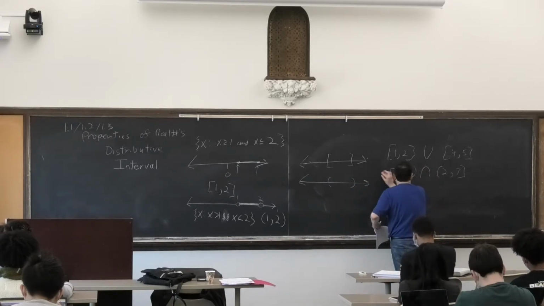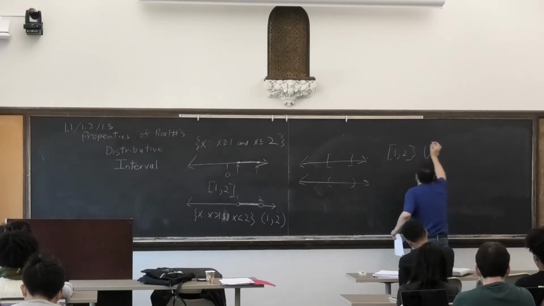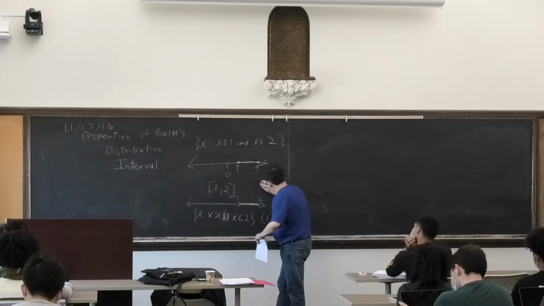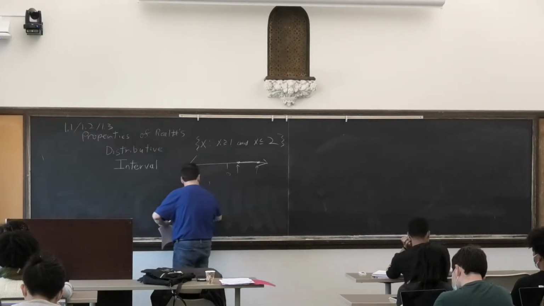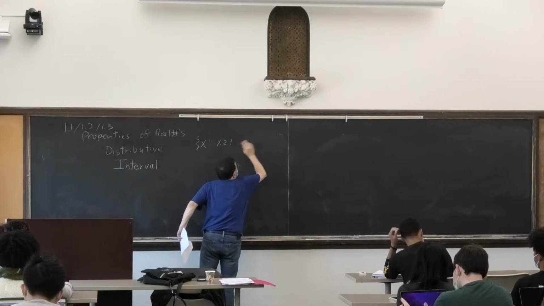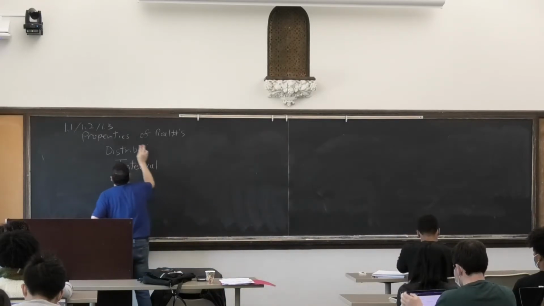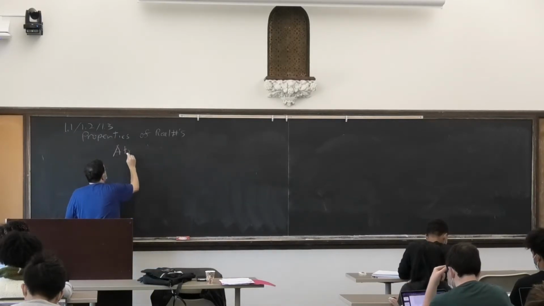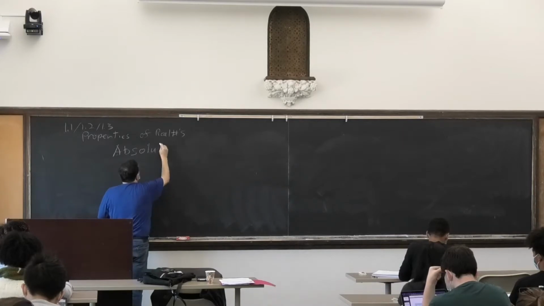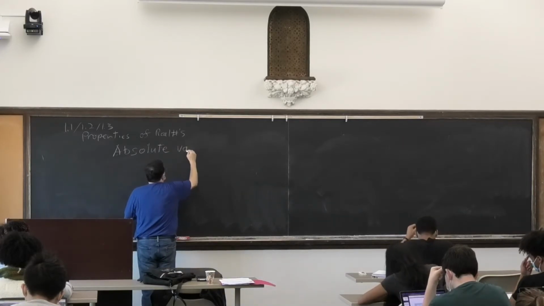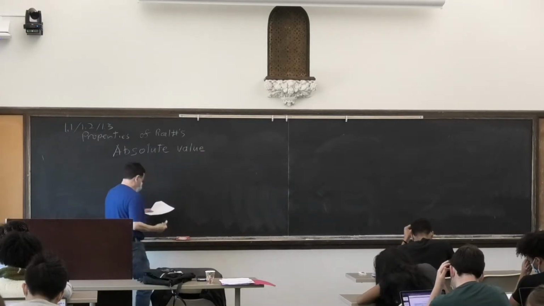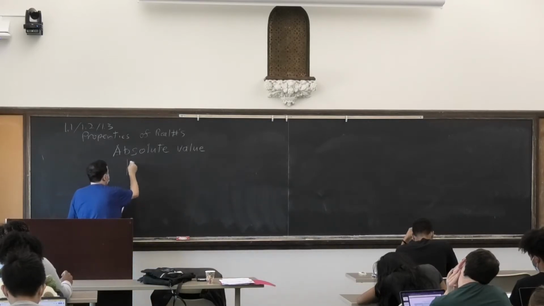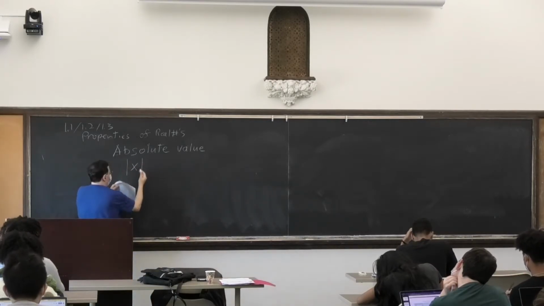Last kind of related but a little disconnected topic is absolute value. So we write absolute value using the vertical brackets.